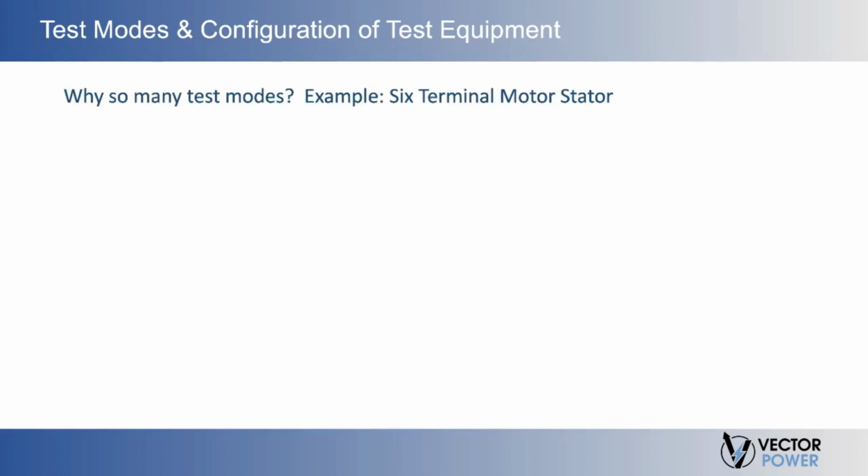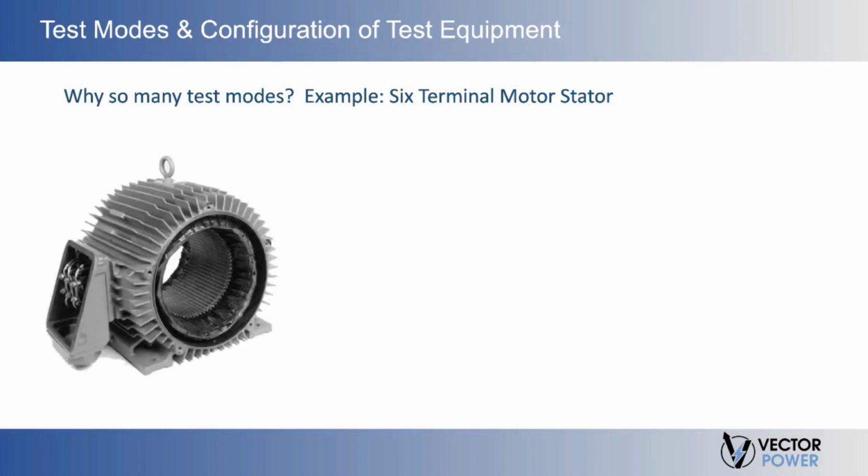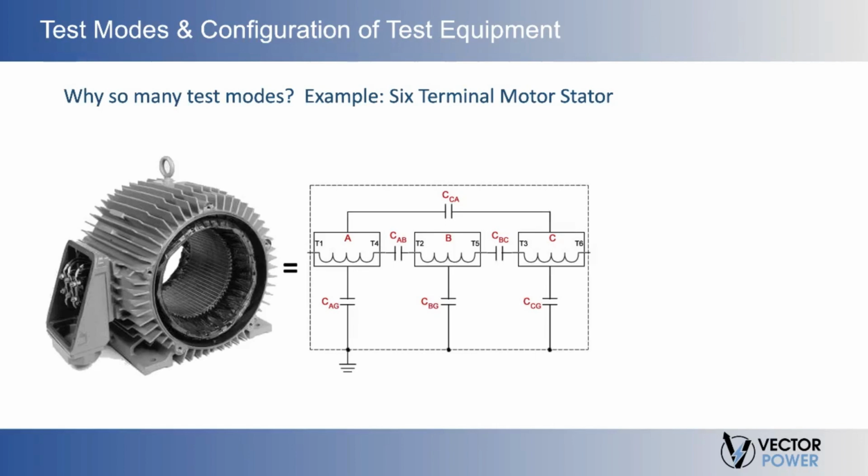All right, let's look at another example. Let's take a look at a 6-terminal motor stator. So here we show the motor stator is made up of 3 windings and a total of 6 terminals: T1, T2, T3, T4, T5, and T6.